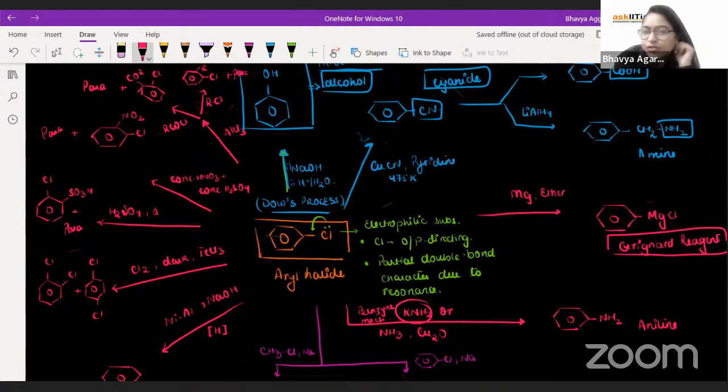Alkylation and acylation for Friedel-Crafts. So you can see the varied kind of things that I can add to it, the conversions I can make. Again, this is the major conversion scheme that we are having.